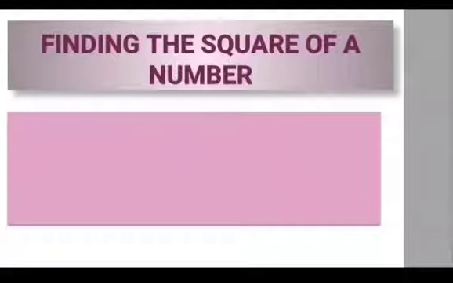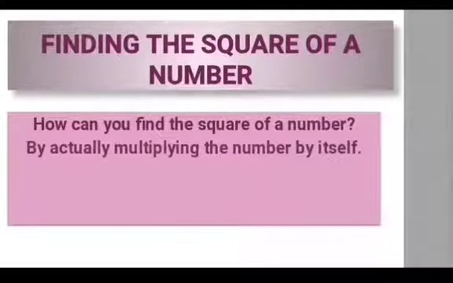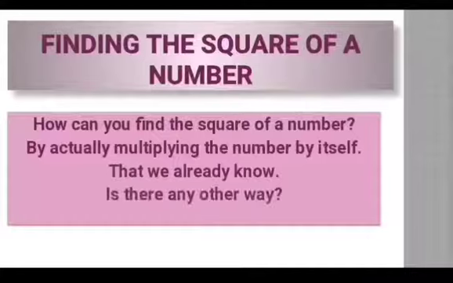Let's get the same topic a little more clear with the help of an example. Here we have on our screen, find the square of a number. We all are aware that we can find the square of a number by multiplying it by itself. Do we have another way to find the square of a number?